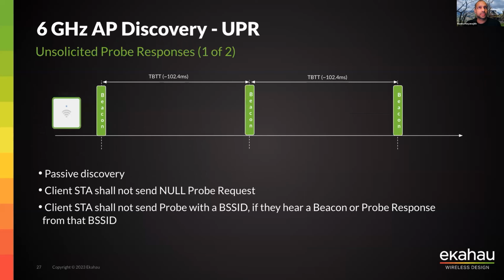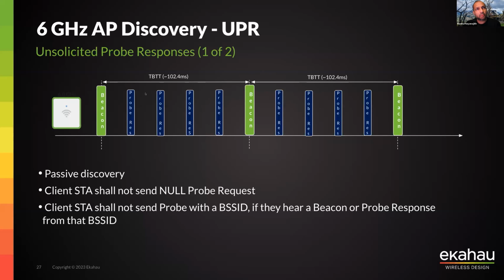And the last method of discovery, we call UPR. UPR means the AP can send probe responses unsolicited. No probe request is required, it can just send the probe responses. But when it sends the probe response, it is almost like a beacon frame. Effectively, we are sending a beacon almost every 20 milliseconds, so the management overhead is too much in this method. This is the least preferred method of discovery, but from a standards point of view, this method is available.